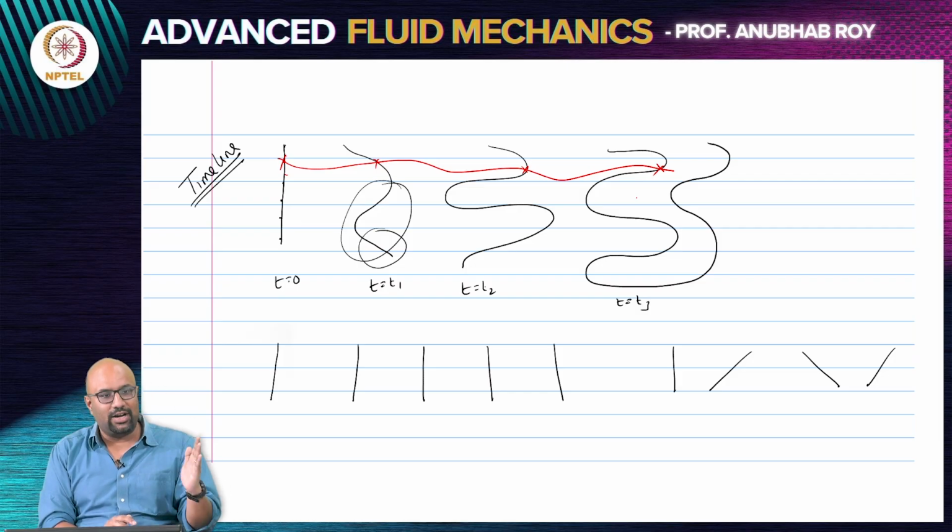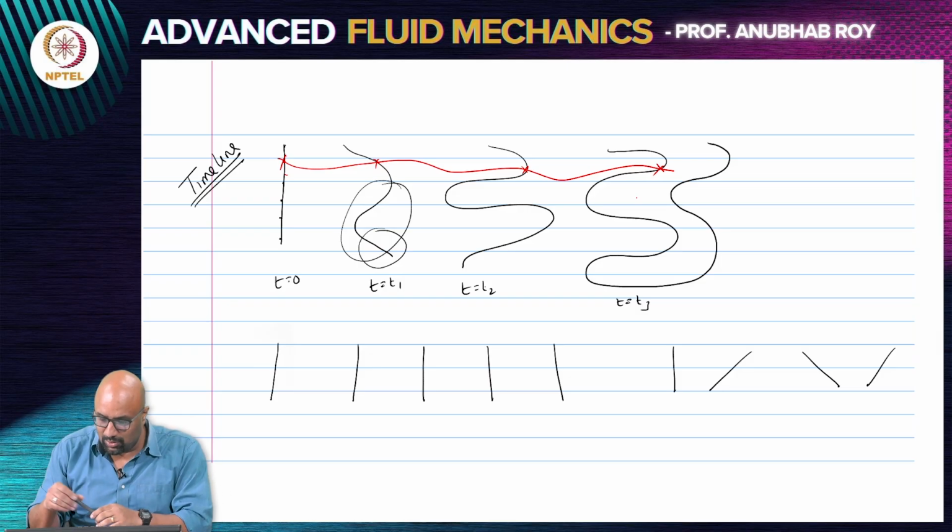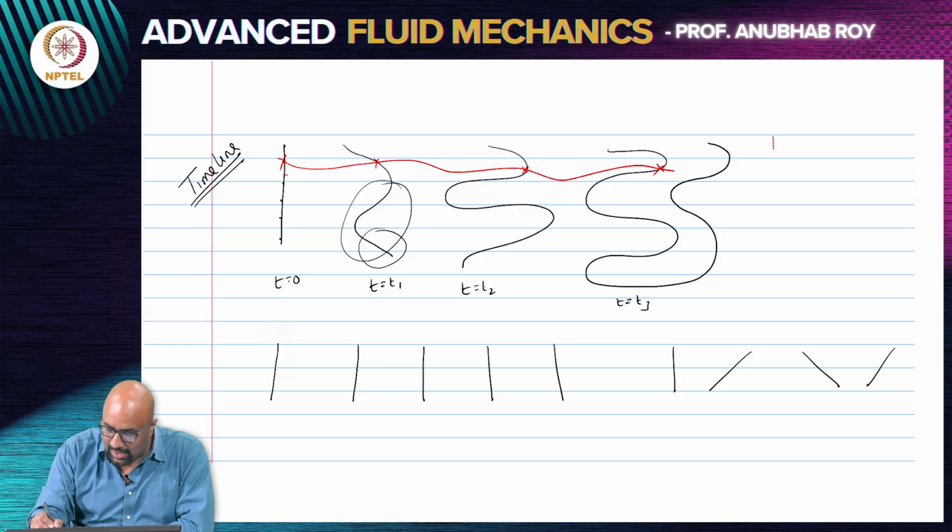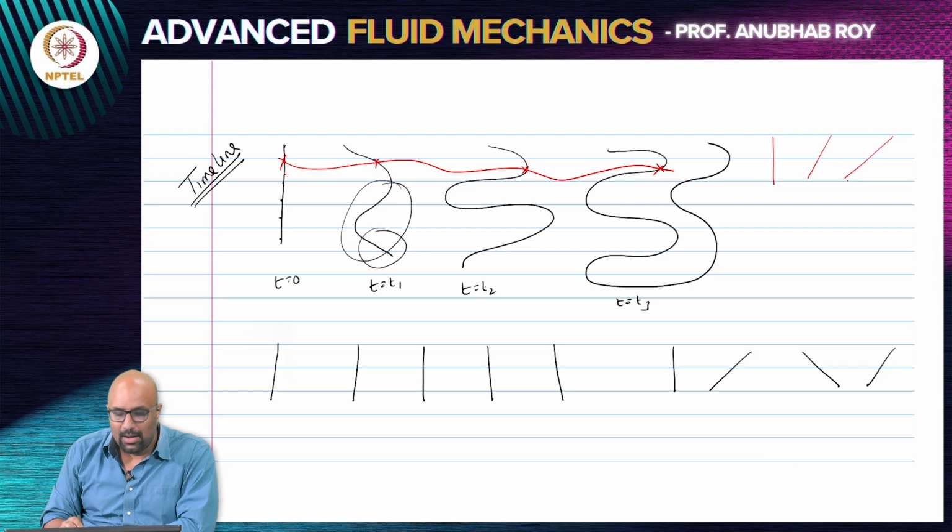If you start with a straight line, take this example. I have a straight line, and the straight line keeps rotating. If the straight line keeps rotating but the length is preserved, then that is a rigid body motion.